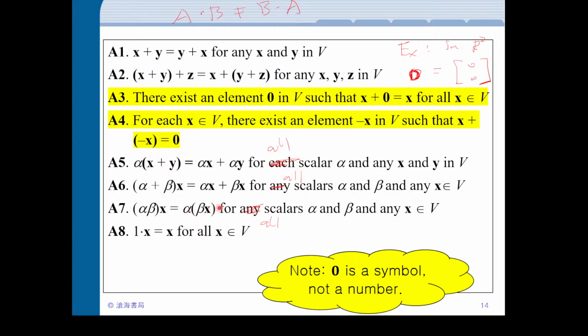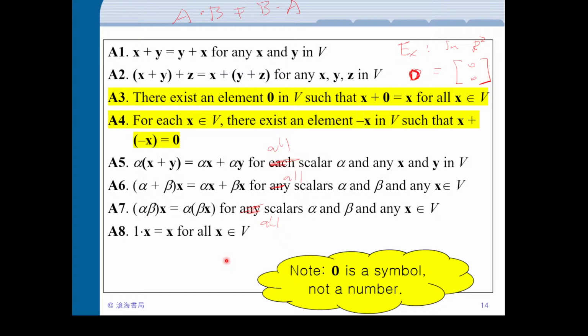Okay, and finally we have a weird rule, but as we'll see soon, it is actually very important. That is, 1 times any vector equals the vector back. So the scalar 1 times x equals x for x inside your space.